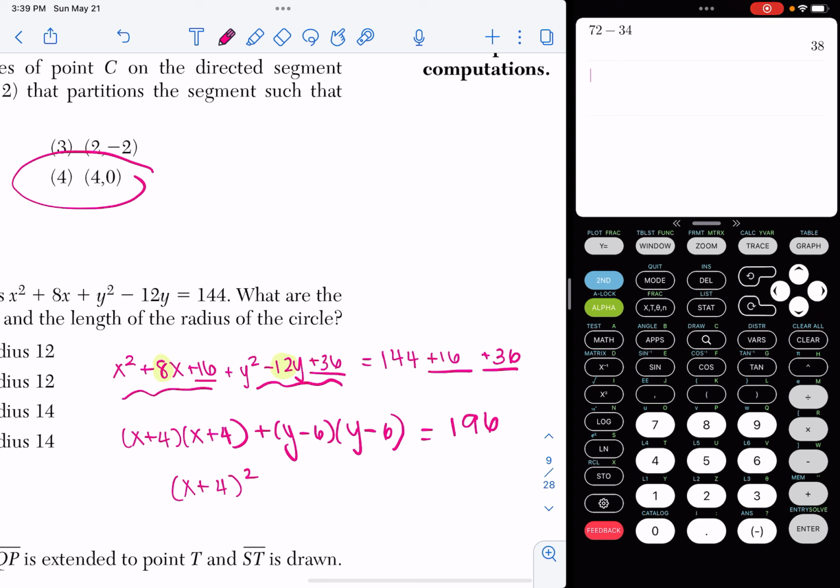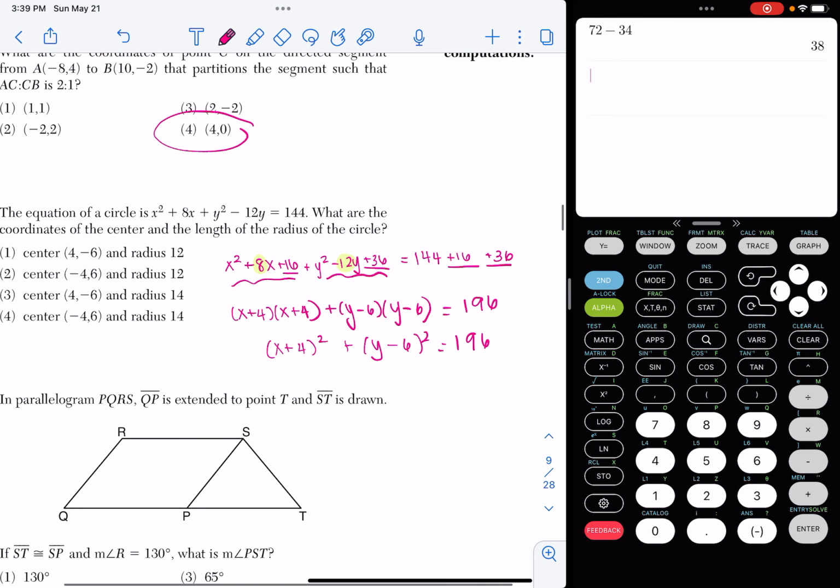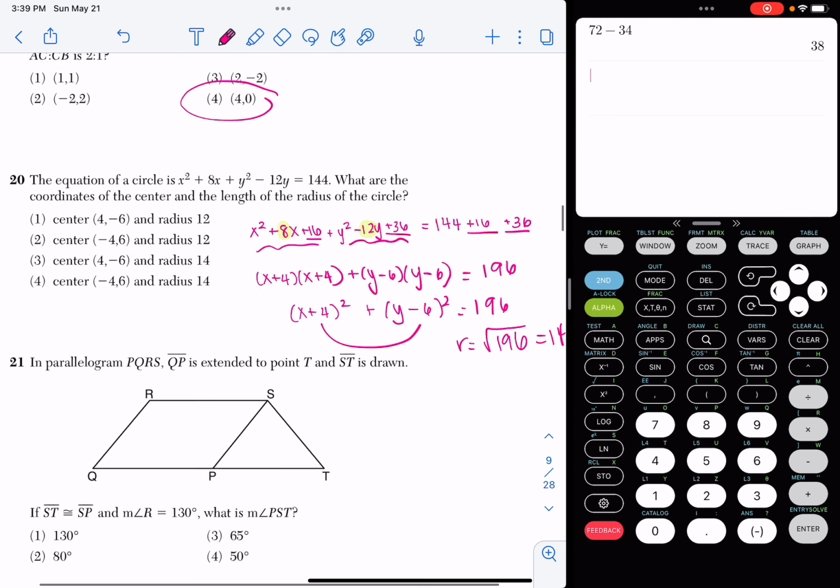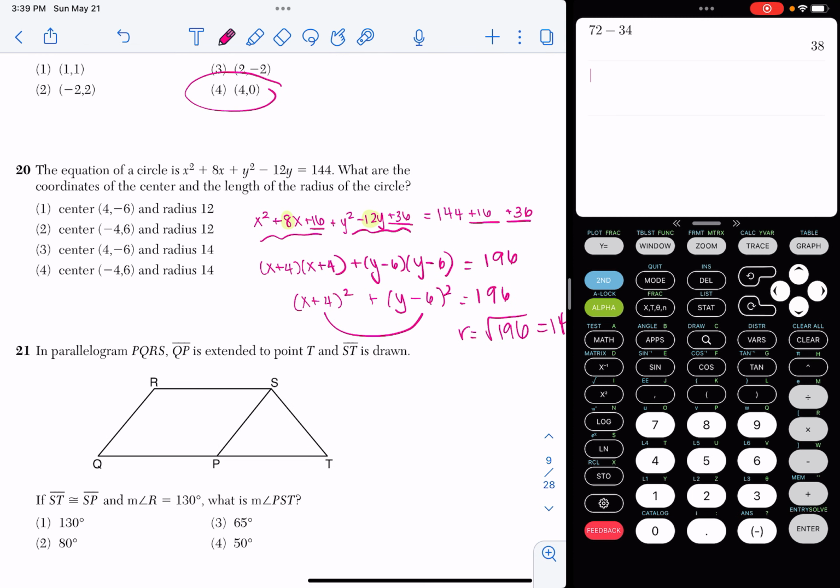That's the same thing as squaring it, so that will help me rewrite this in center radius form. And then to get to the center, we take the opposites of these numbers, so that would give us negative 4, 6. And the radius would be the square root of 196, which is 14. So negative 4, 6 is the center. The radius is 14, choice 4.